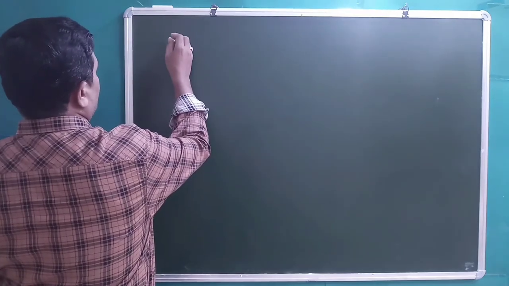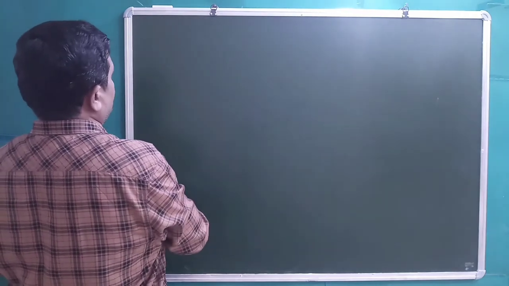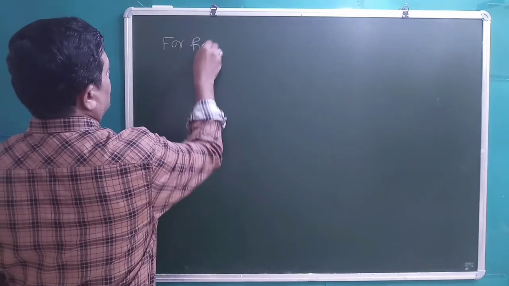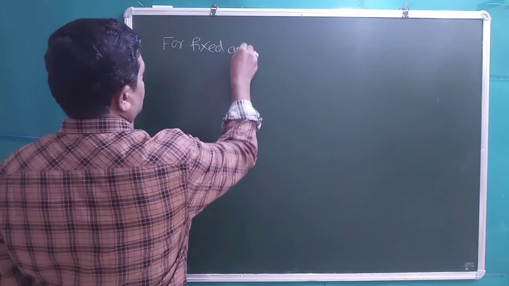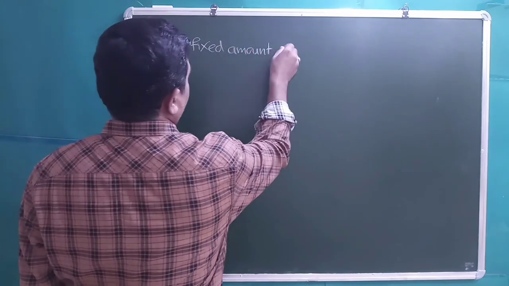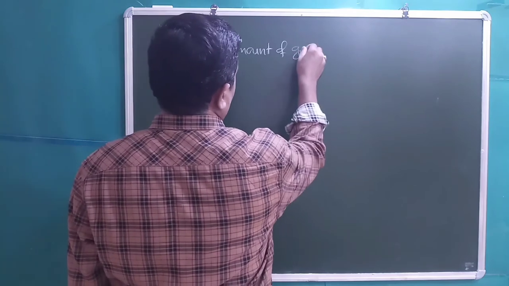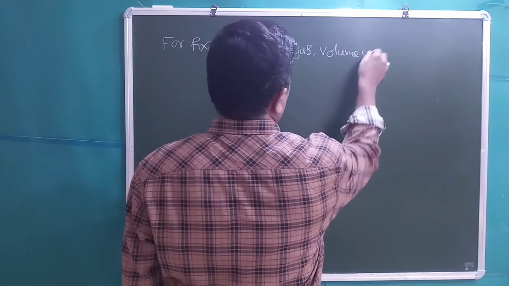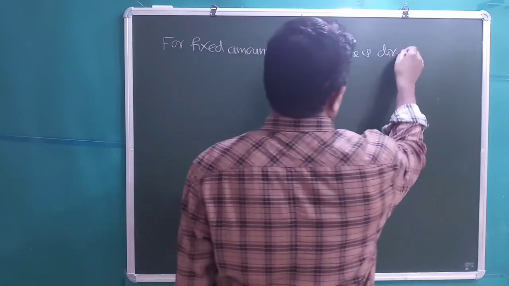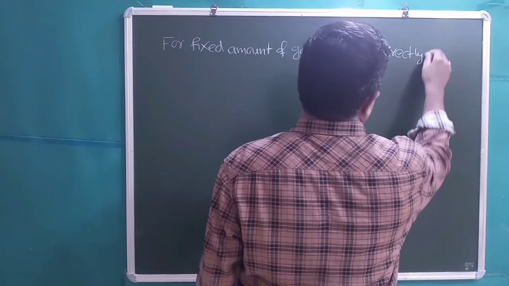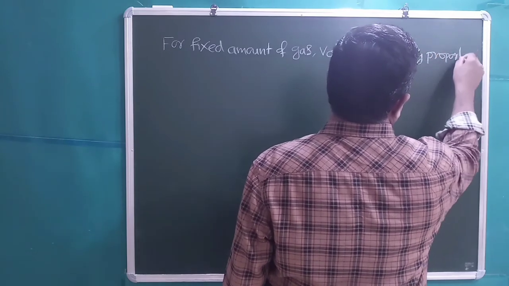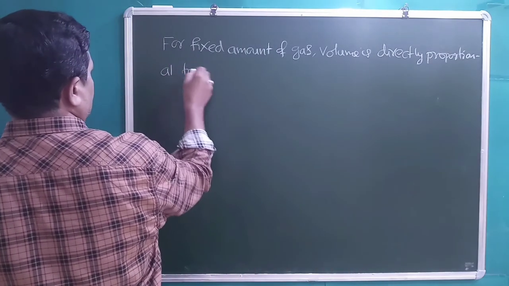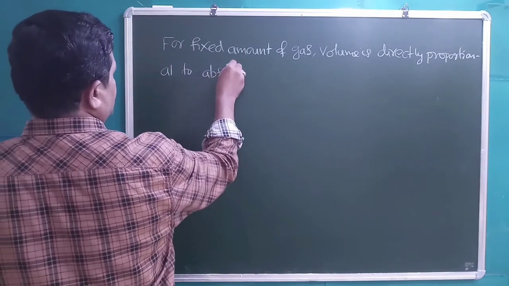Students, in other words, Charles law can be stated as, for a fixed amount of gas, volume is directly proportional to absolute temperature.